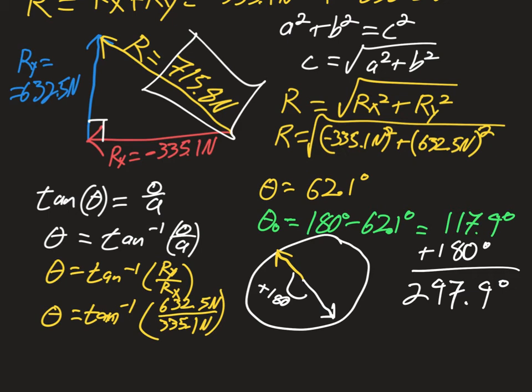Remember, this angle theta is really just going to be right here. This is where theta is in ours, okay? Because that's what will give us our component parts. Now, if I plug in my ry over rx, that's my opposite side over my adjacent side of theta, and I do my inverse tangent, I'm going to get the angle 62.1 degrees, right? So that's what I got for my theta.